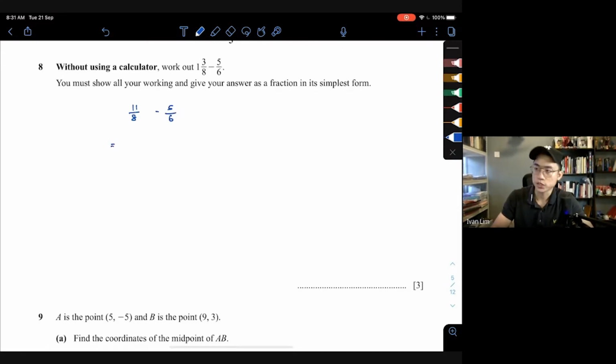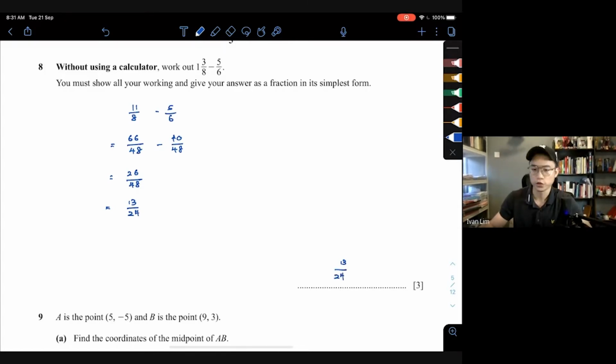You want to change it to the same denominator, so change it to 48. So 8 times 6. Then this one times 8. You'll get 26 over 48. Simplify it, divide the entire equation by 2. You get 13 over 24.